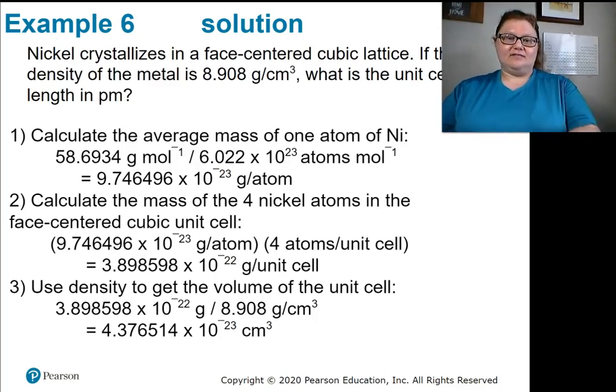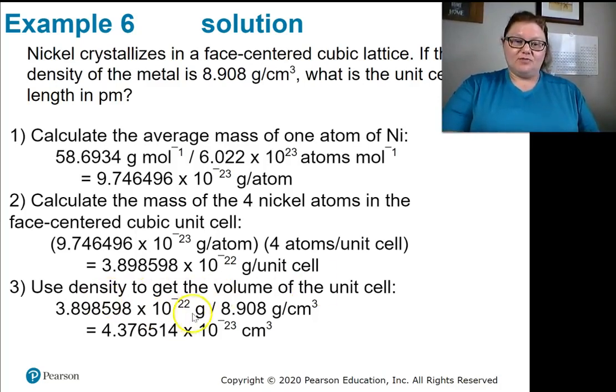So we're going to divide it. You can see I put my units there, how many atoms in a unit cell. There are 4. And so now I have grams per unit cell. And from there, we can bring our density and divide our grams per unit cell by our density.